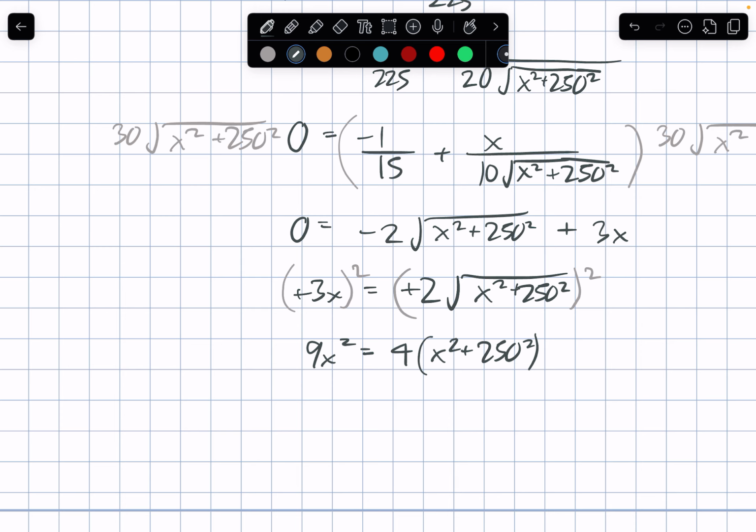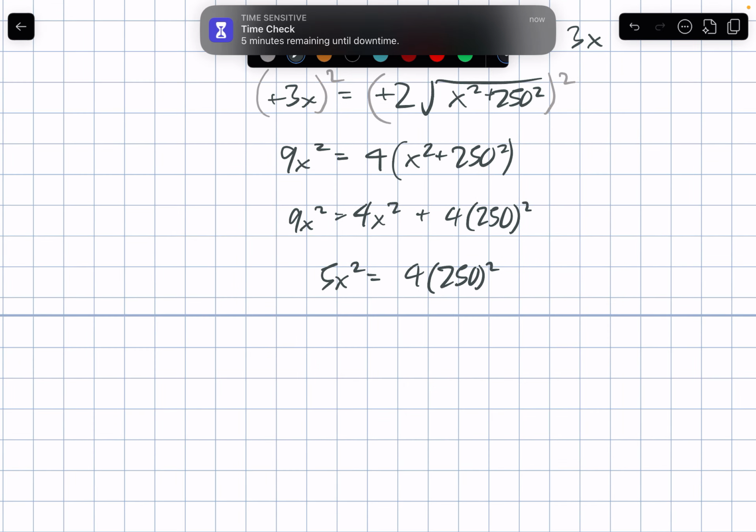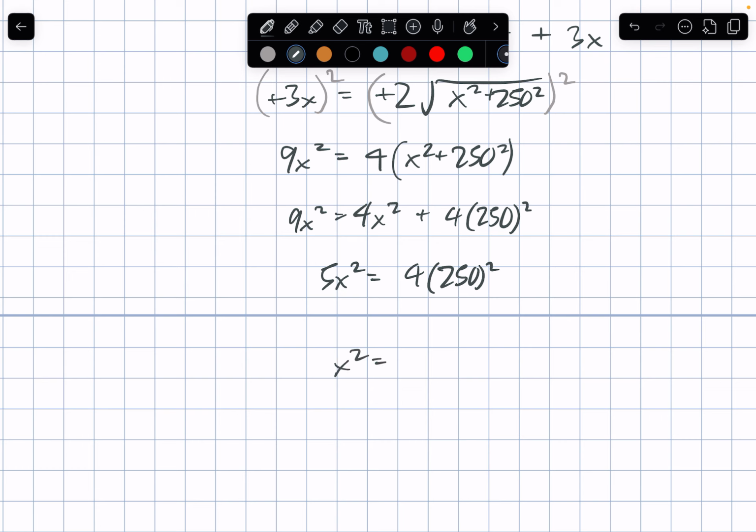And then, what's next? Distributive property. 5x squared is equal to 4 times 250 squared. So it's going to be like that, and x is going to be 100 square root of 5.